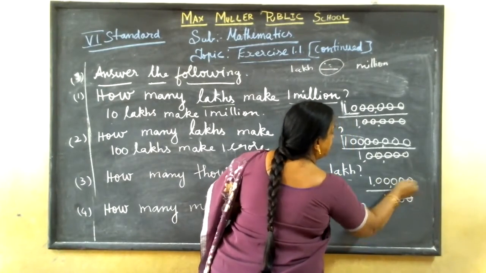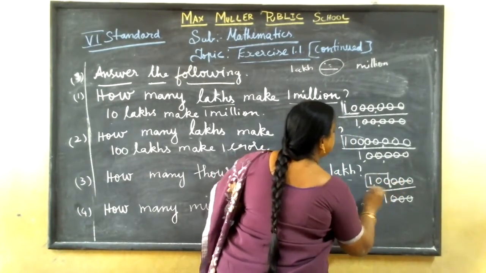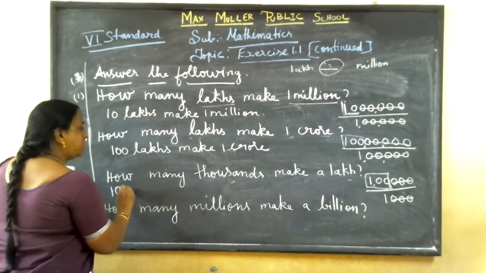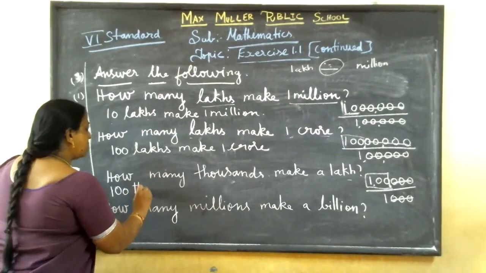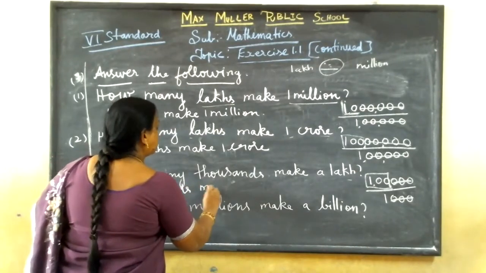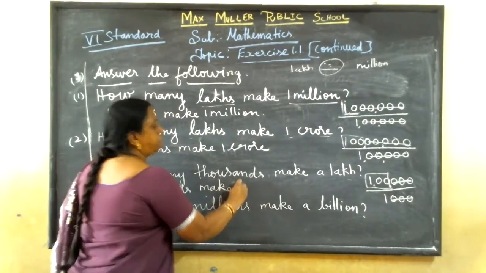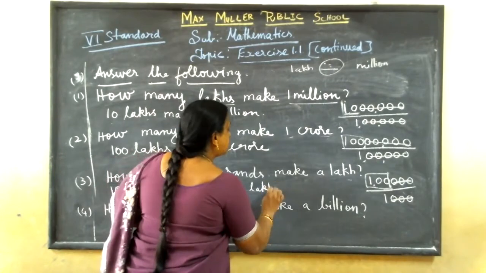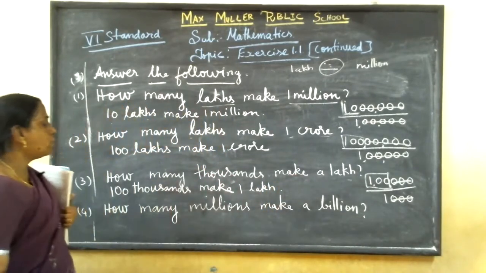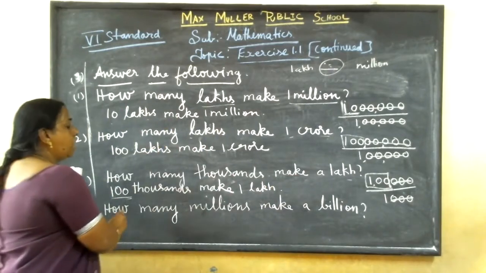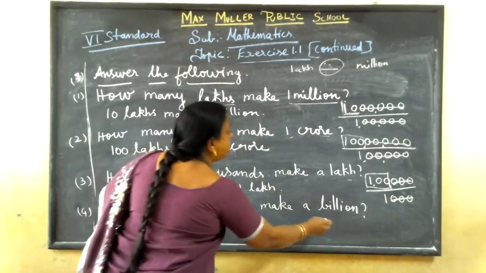So cancel 3. So what answer you got? 100. So here you should write 100 thousands make 1 lakh. A lakh is what? 1 lakh. So in 1 lakh, how many thousands are there? 100 thousands. Clear?